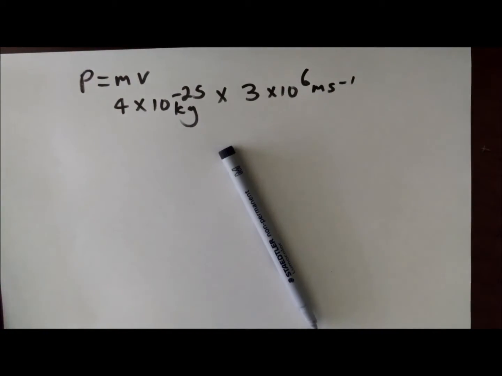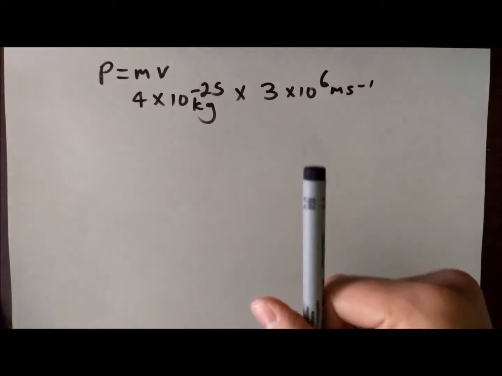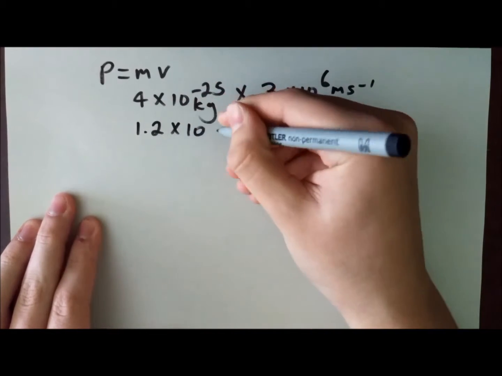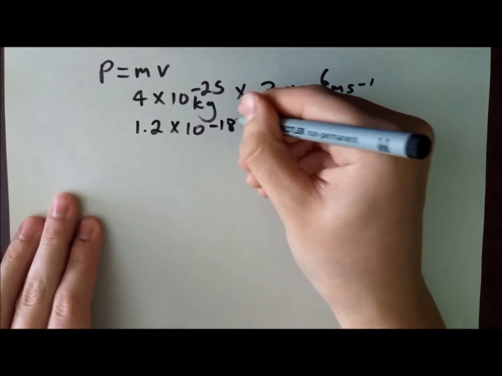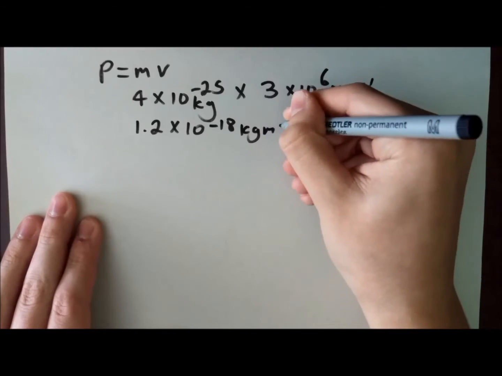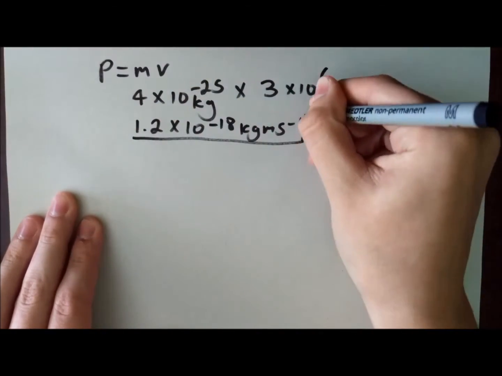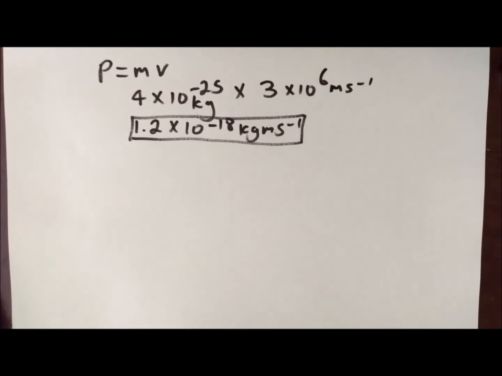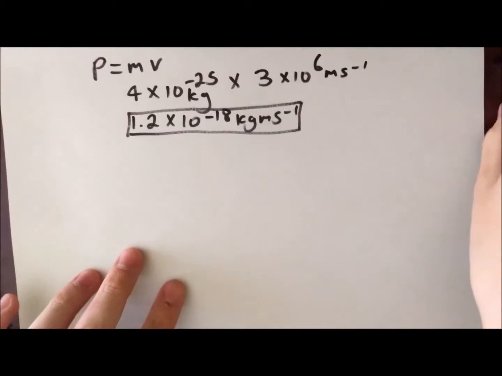Easy peasy. So we will get, or you should get, 1.2 times 10 to the power of minus 18 kg meters per second minus 1. Nice and simple. Now, let's move on to something slightly more tricky.